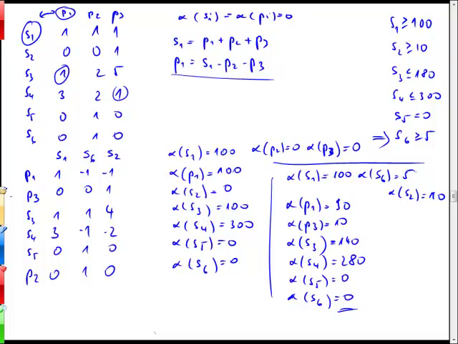Okay, we recompute the rows. P1 is now 100 minus 15. This is 85. P3 is 1 time S2. This is 10. S3 is now 100 plus 5 plus 40.